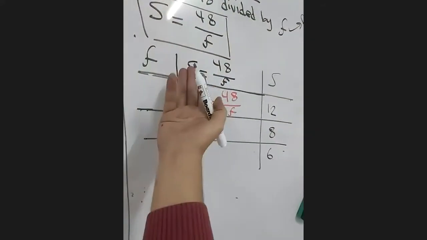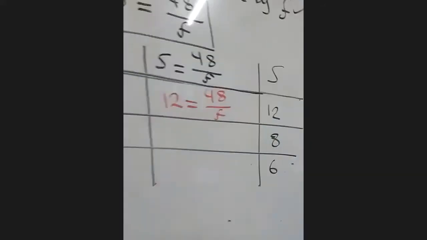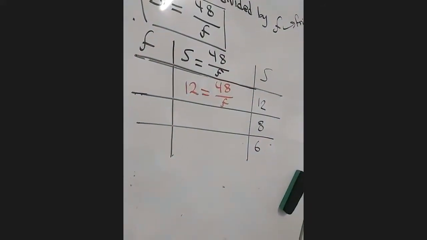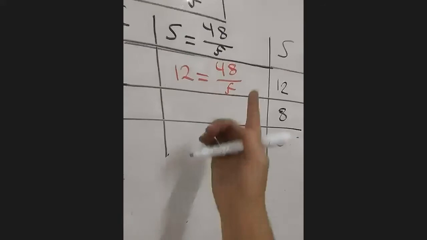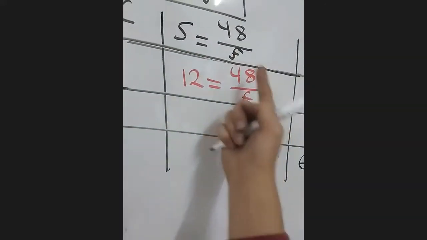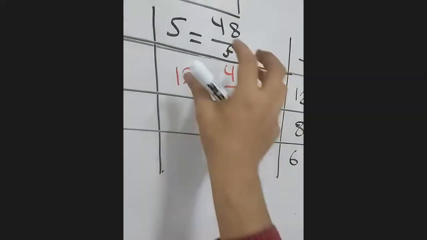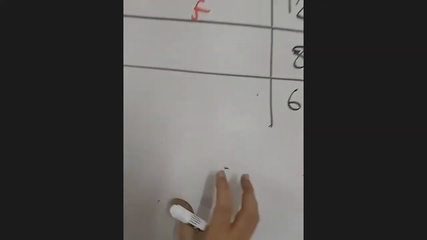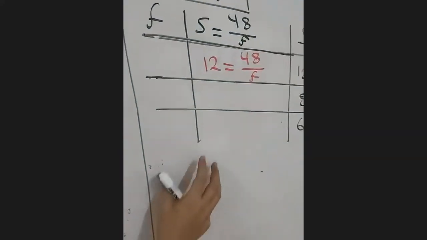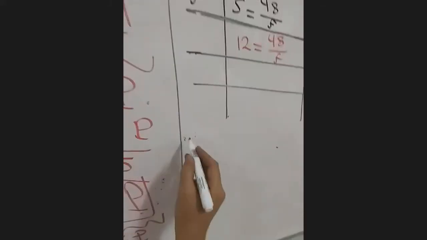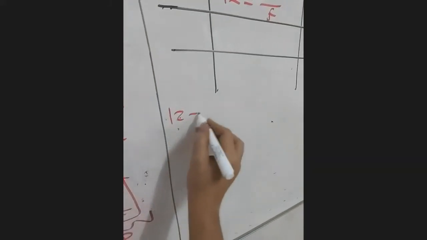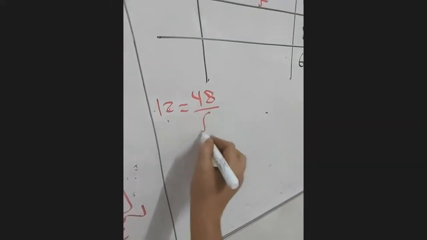I just replace S by the given only. Is this difficult? No. Now this is an equation, right? Yes. What I will do, I will take it outside the question, and I will solve it. 12 equal 48 over f. Right?